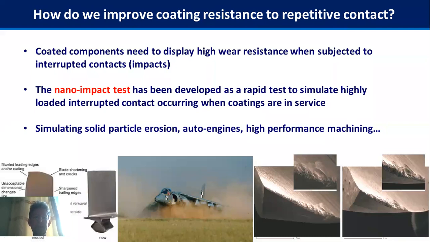So we've developed the nanoscale impact test, or the nano-impact test, as a rapid lab-based test to simulate these highly loaded contact conditions that occur when coatings are in service, particularly trying to simulate solid particulate erosion as occurs in jet engines, repetitive contacts in automotive engines in the valve train, and also high performance metal cutting applications such as interrupted turning and milling.